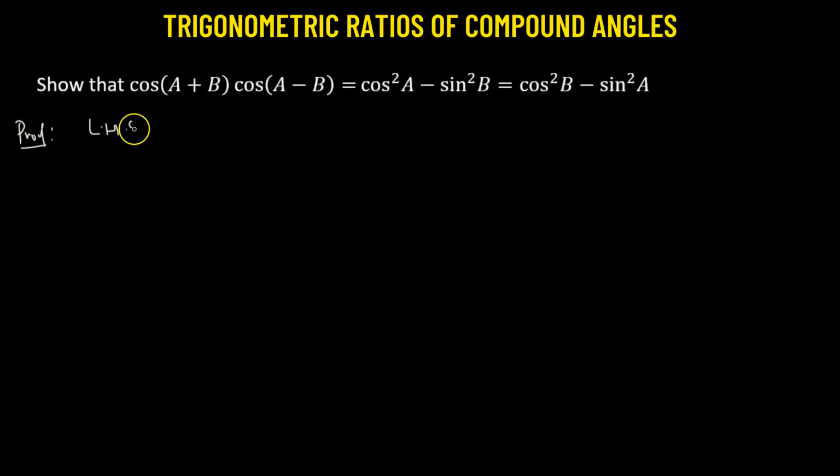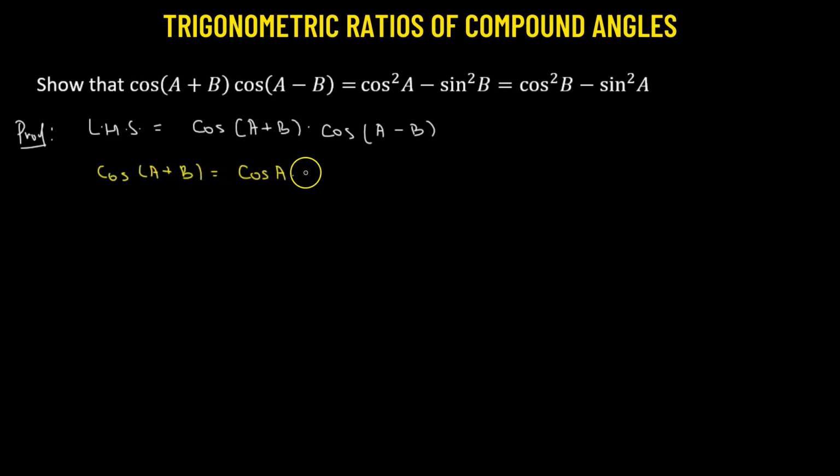So here on the left hand side we have cosine of the compound angle, which is the sum of two angles a plus b, multiplied by cosine of the difference of two angles, which gives us another compound angle a minus b. Now, cosine of a plus b can be expanded using a standard identity as cosine of a times cosine of b minus sine of a multiplied by sine of b.